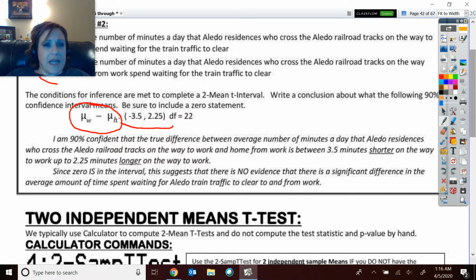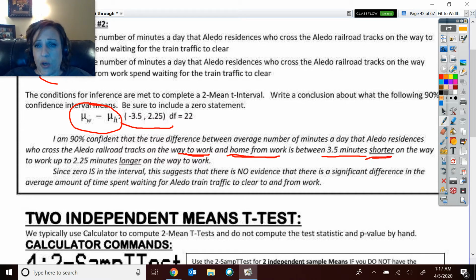I am 90% confident that the difference between the average number of minutes a day at Alito residences who cross the railroad tracks on the way to work and on the way home from work is between 3.5 minutes shorter on the way to work.